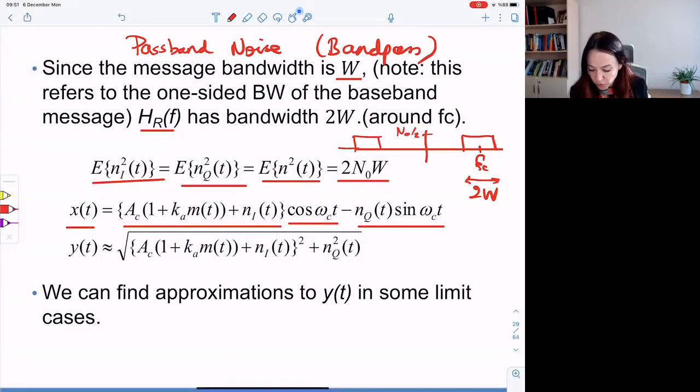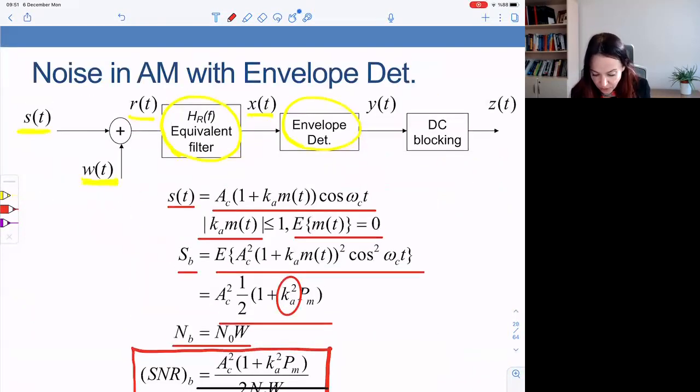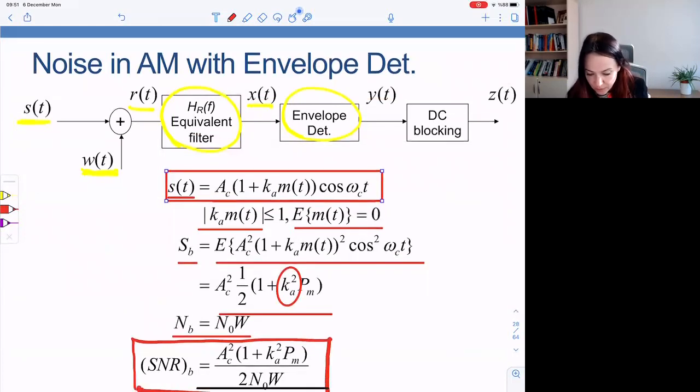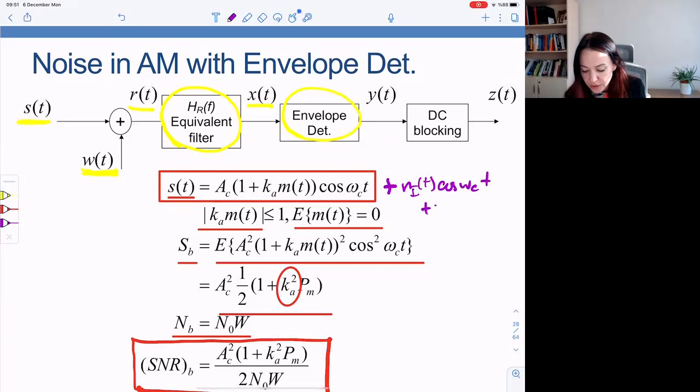Why? Because we're talking about this signal plus the bandpass noise, which is Ni(t), the in-phase component of the noise, times cosine wc t plus Nq(t) sine wc t.